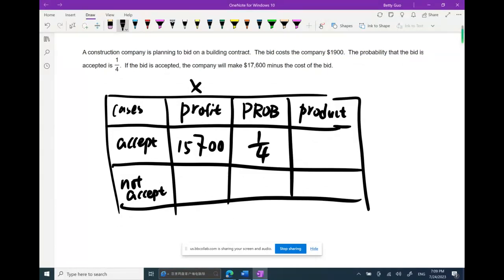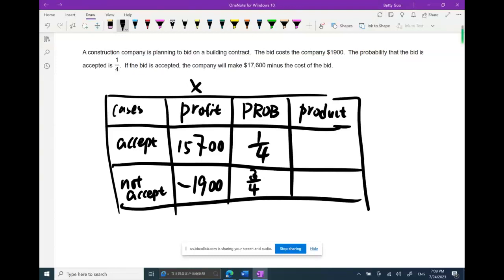And what's the profit if the bid is not accepted? Negative 1,900. Yeah, your cost will not be recovered; you just lost the money. All right, so let me double check. That is 17,600 minus 1,900, 15,700. So that probability would be 3 over 4.